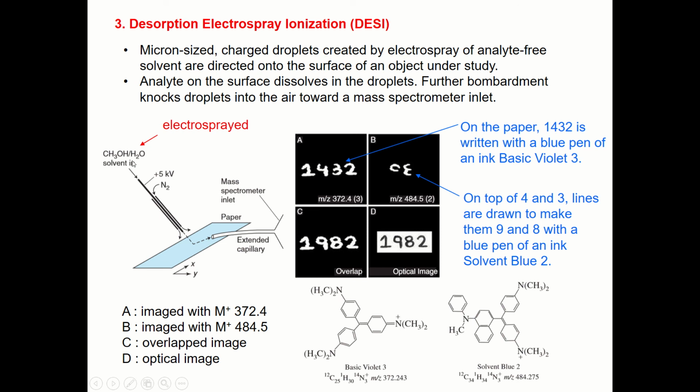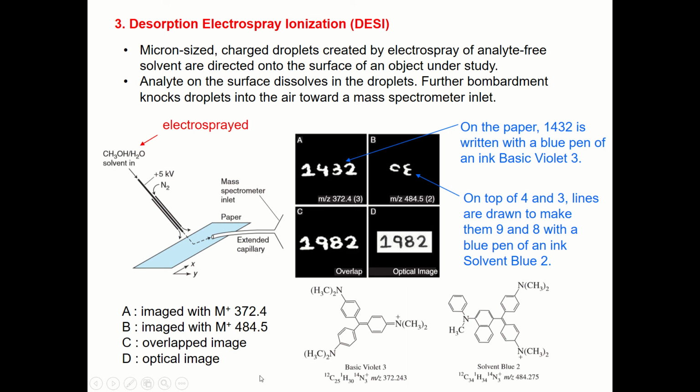Using this probe, you scan over this number, and first you detect the molecular mass of 372.4. Although all the ink molecules are dissolved, you only detect this one, and it gives this one only, because this part was made by this ink.